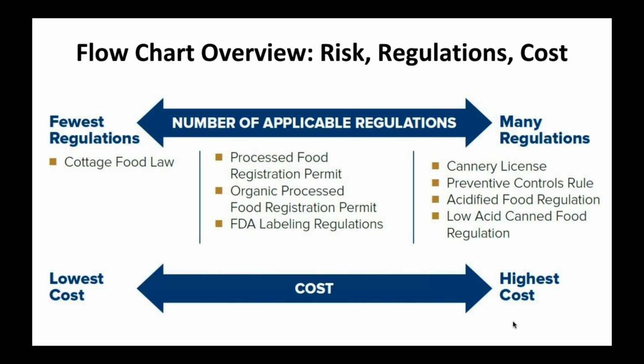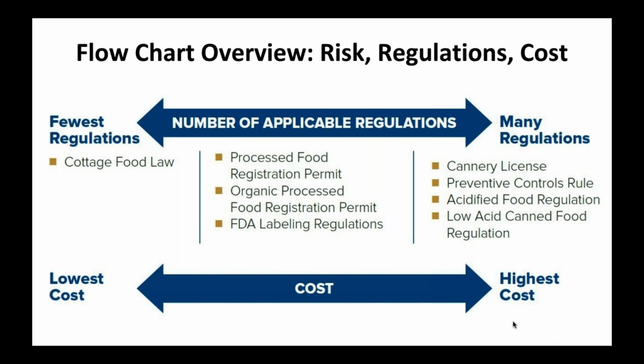When we go over to the far right, where we have our high risk types of food, there's many regulations that apply. So you'd still have to adhere to the FDA labeling requirements, the Food Safety Modernization Act requirements, if those apply based on the size of your business. But then you're also going to have to adhere to the California Cannery Licensing Program.